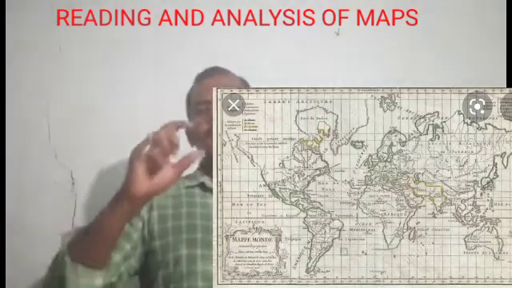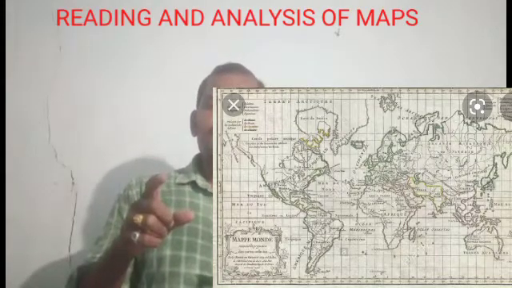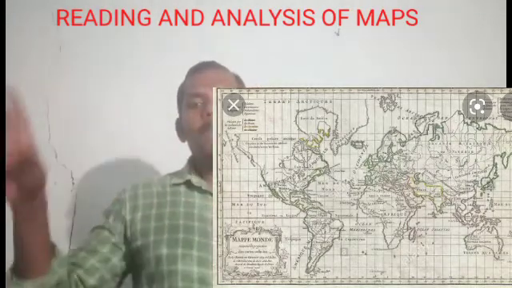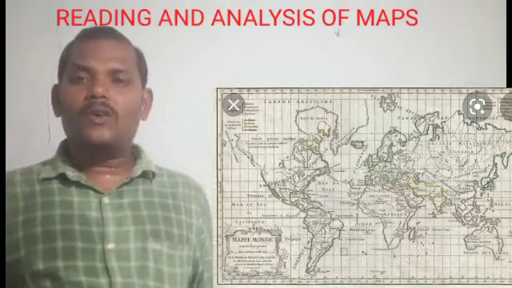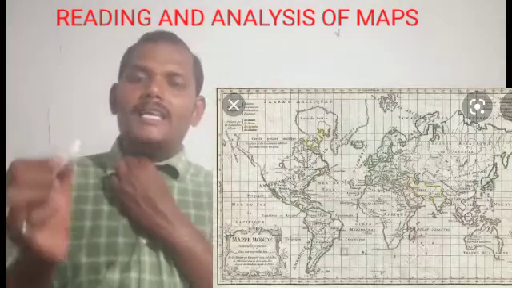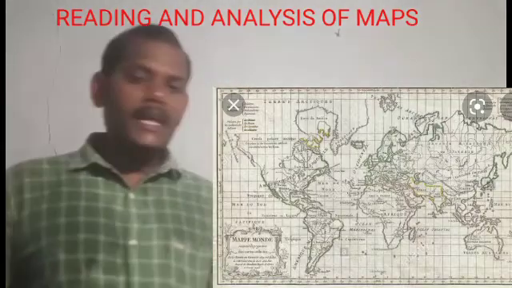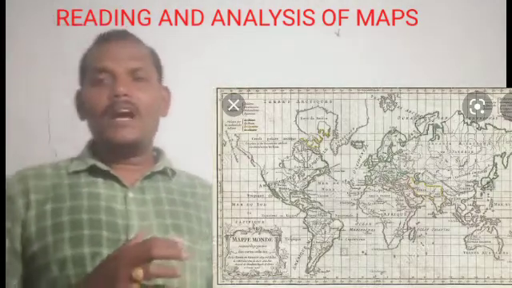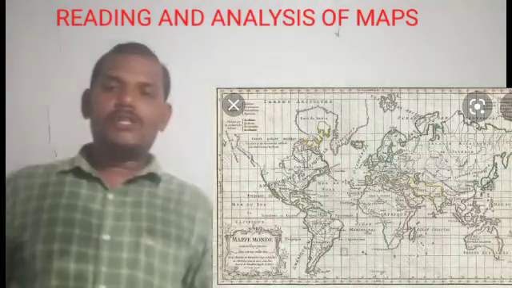Here, Mercator tried to show the round-shaped earth in the map. The total earth surface is shown in the map. The name of this projection is the Gerardus Mercator projection.